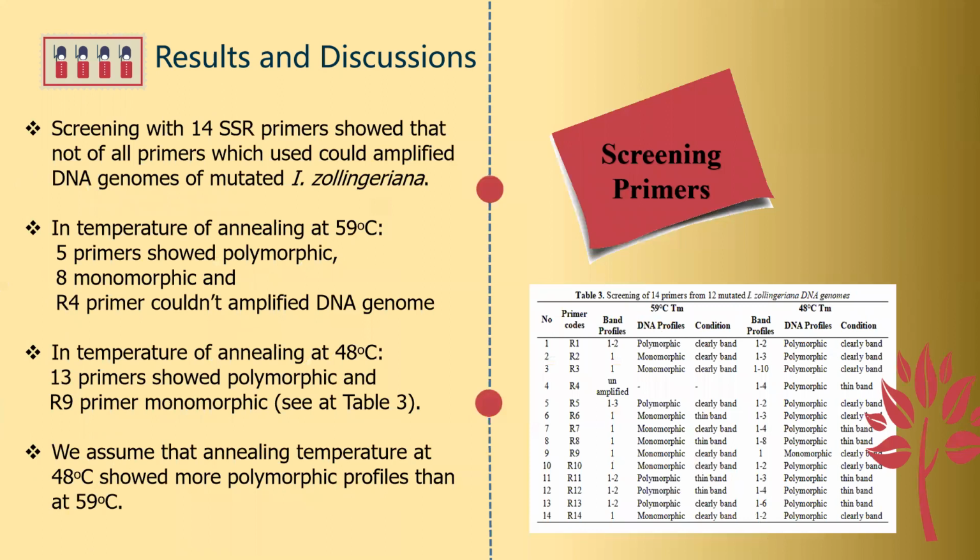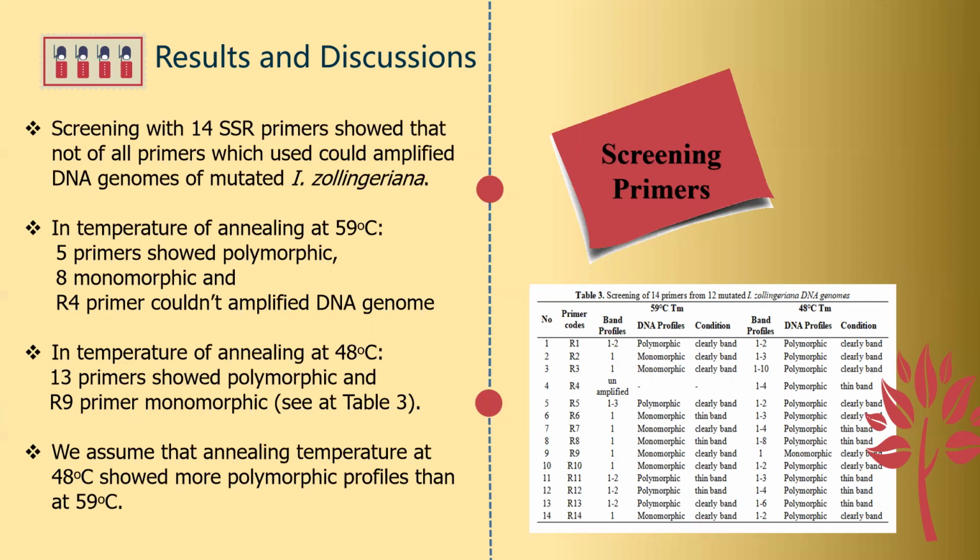For primer screening, screening with the SSR primers showed that not all primers could amplify the DNA genome of mutated Indigofera zollingeriana. At an annealing temperature of 59 degrees, 5 primers showed polymorphism, 8 were monomorphic, and the R4 primer couldn't amplify the DNA genome.